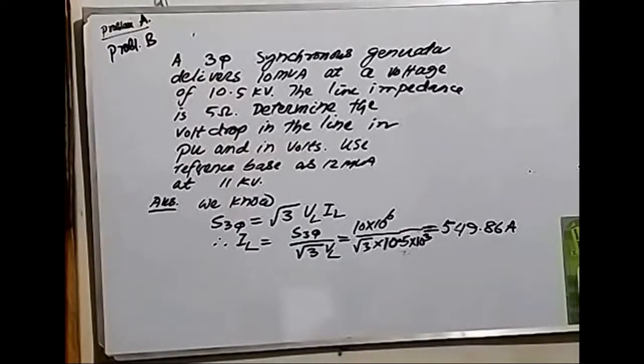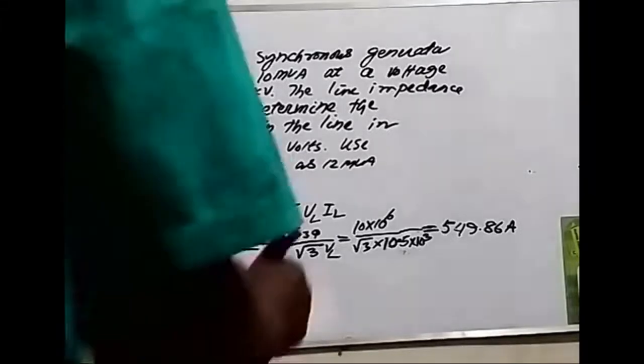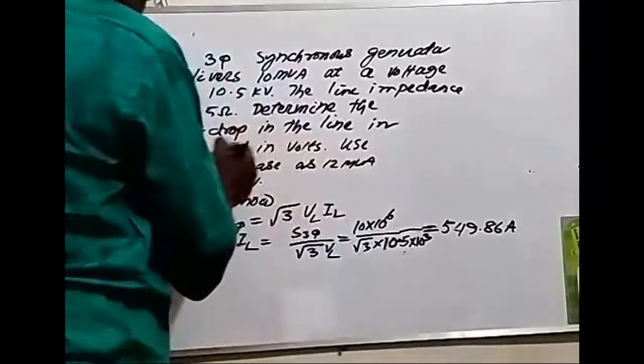You can see any problem? Now we have to calculate the voltage drop. The impedance is given. Impedance is what? 5 ohm impedance is there.